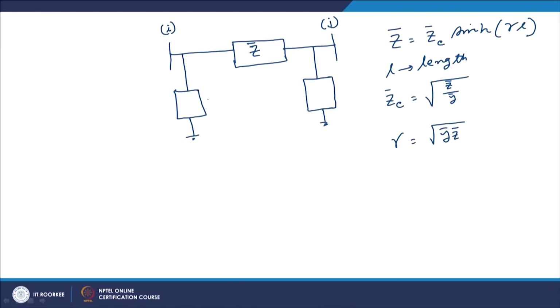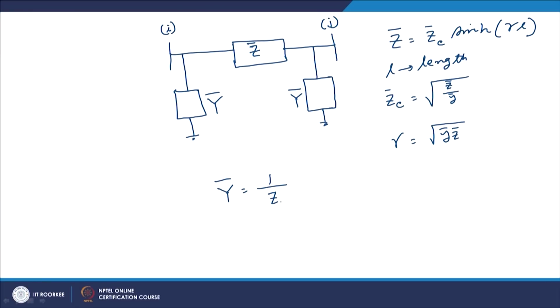So, this is the expression of the series part. What would be the expression of the shunt part? Now, when we are talking about the pi model of any transmission line, these two shunt parts are equal to each other. If these are y and this is also y, remember we are putting a bar over each and every quantity to denote that all these quantities are complex in nature.